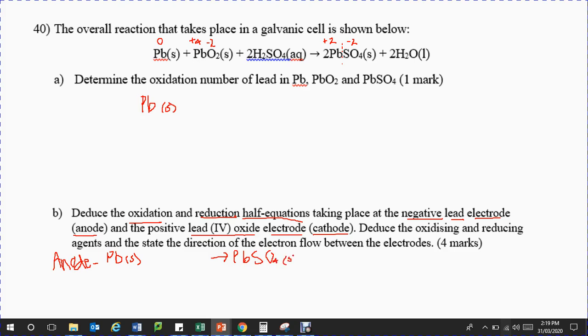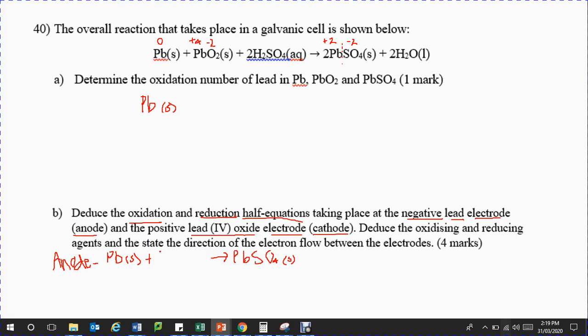If we go back to our balancing redox equations, remember the COs, so key elements first. I've got one lead, I need my sulfate. If we look back up at the equation, we've got sulfuric acid, H2SO4, which is aqueous, which tells me that it can ionize in solution. So I could have my hydrogen ions and my sulfate ions, and I can separate them from my equation.